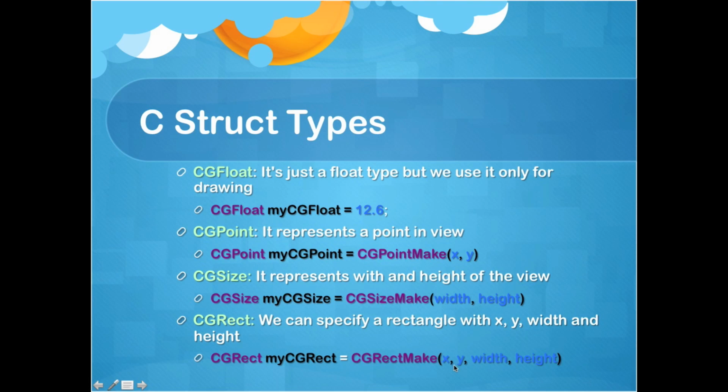Or we can add numbers, which is maybe x 20, y 20, and width 30, 30. So it will not draw a rectangle, it just specifies a rectangle with width and height and this x and y. So these are just types, and it's really simple.